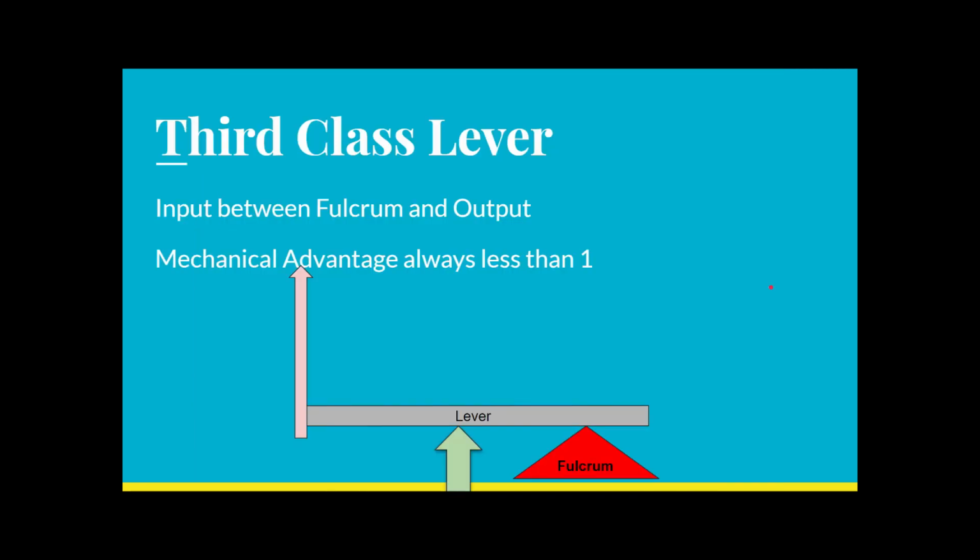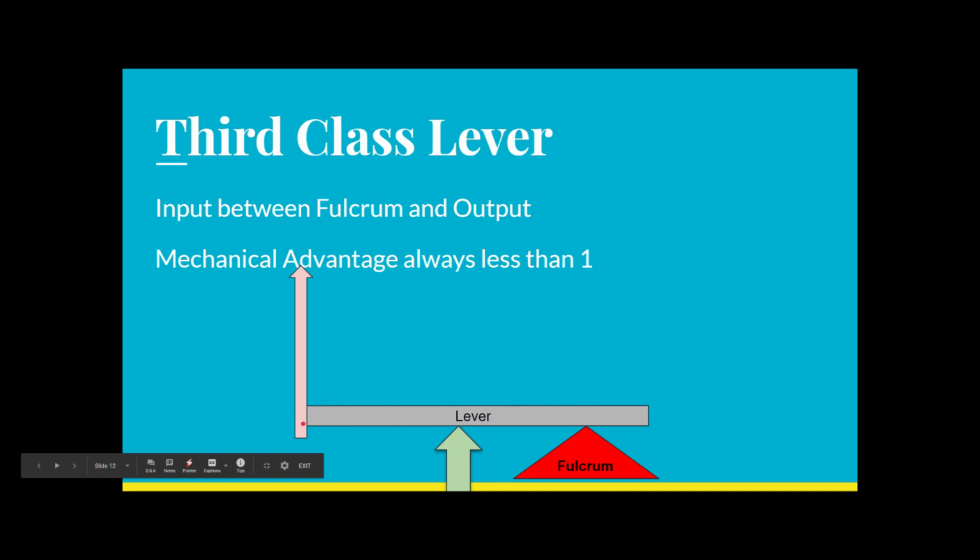Let's go ahead and take a look at the third class lever. So in a third class lever, the input is in between the fulcrum and the output. And for this, the mechanical advantage will always be less than 1. So again, that means that the input force is going to be larger and cover less distance, and the output force will be smaller but cover more distance.